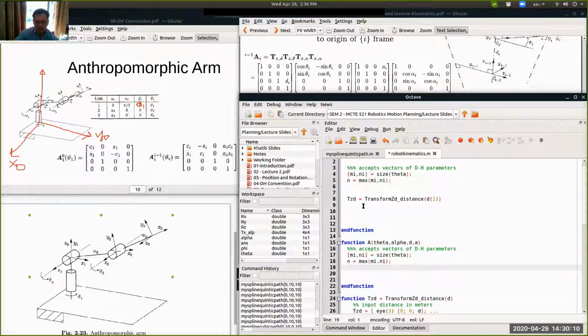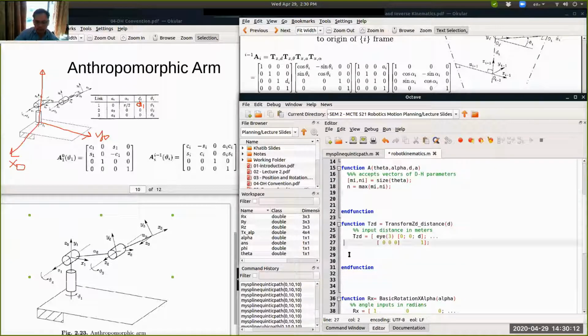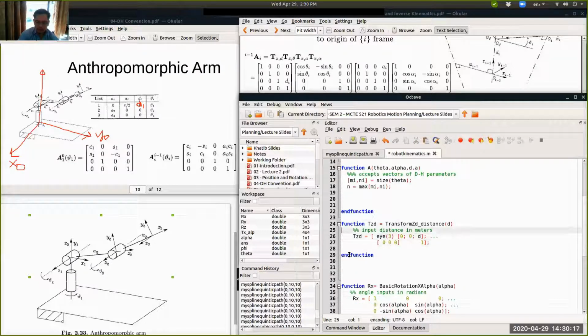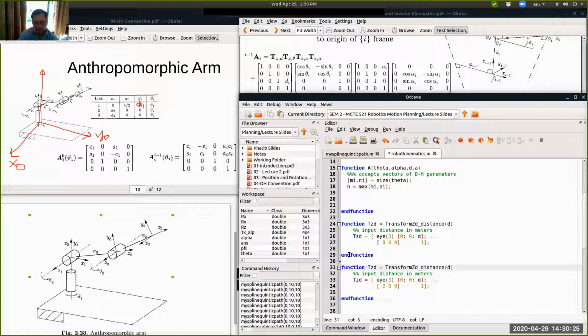This is what we're trying to achieve. And so let's just do one by one. TZD and TZ theta.